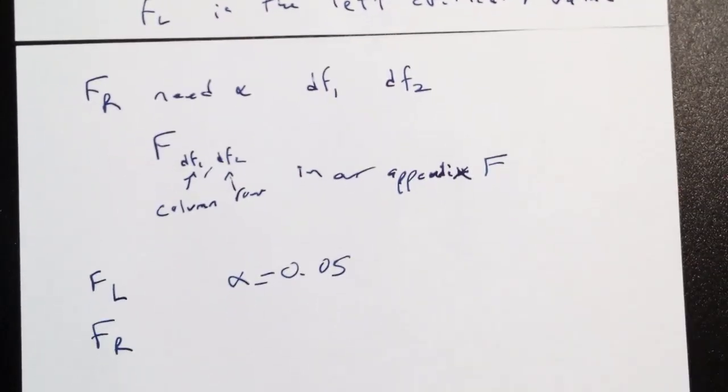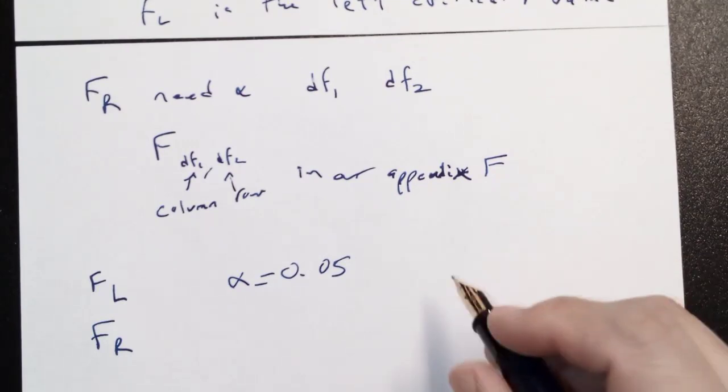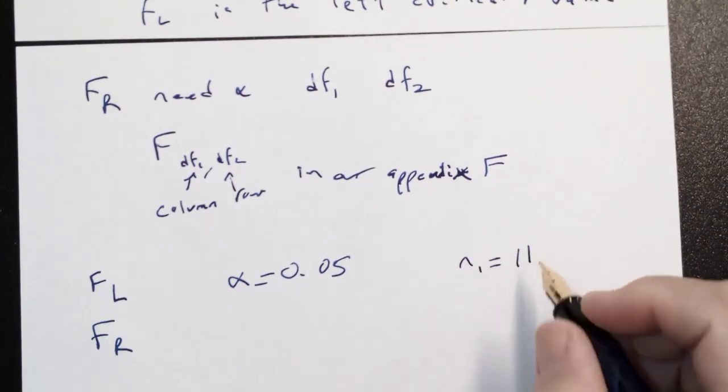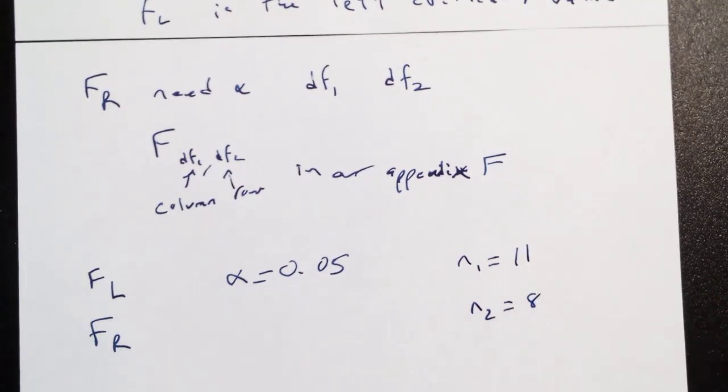I want to find FR, and I'm going to tell you right now up front that there are 11 people in group 1 and 8 people in group 2.